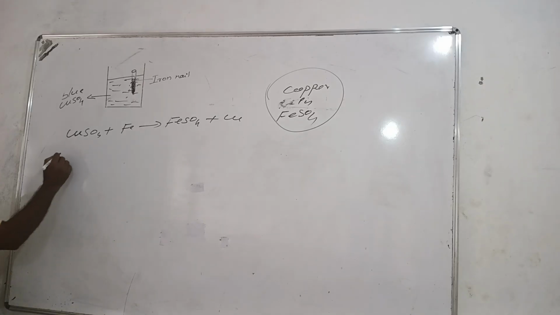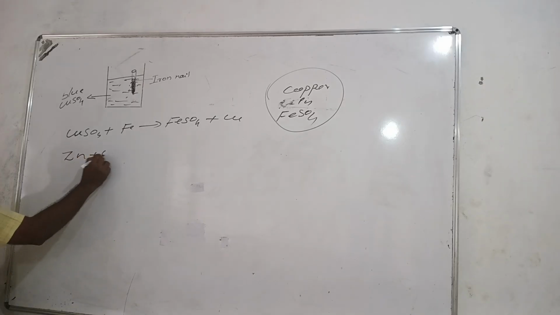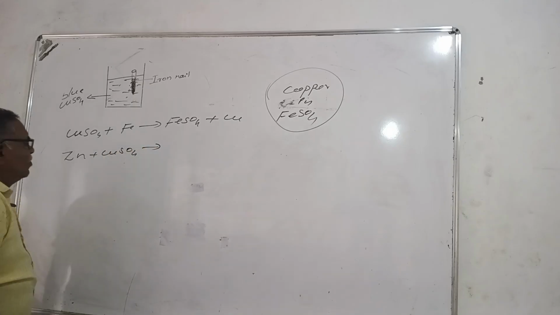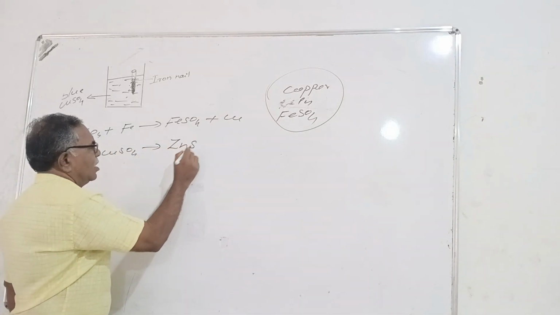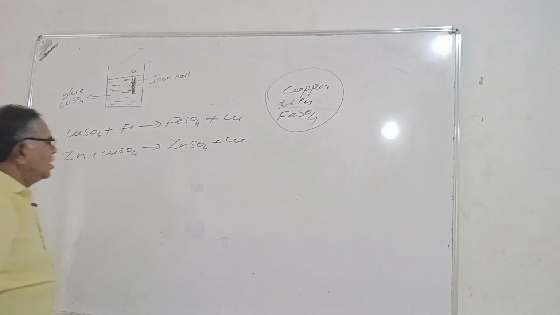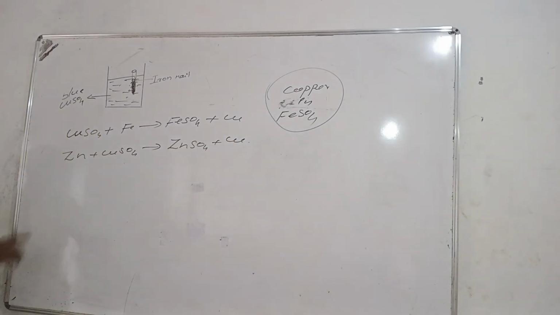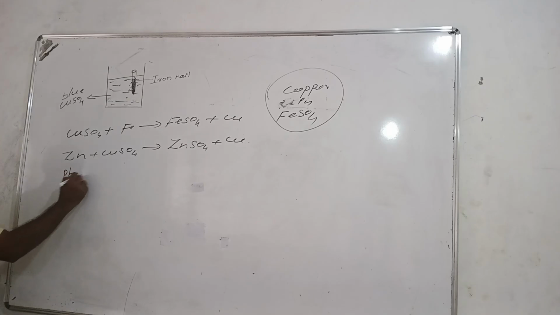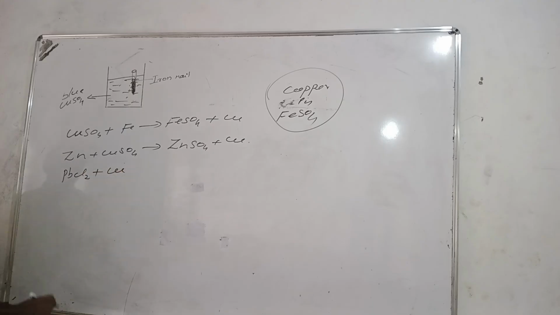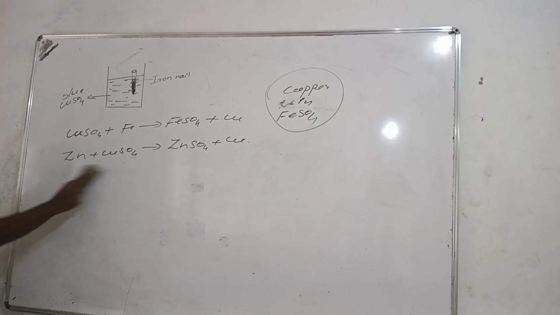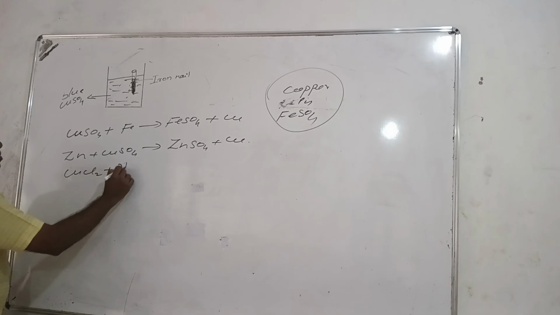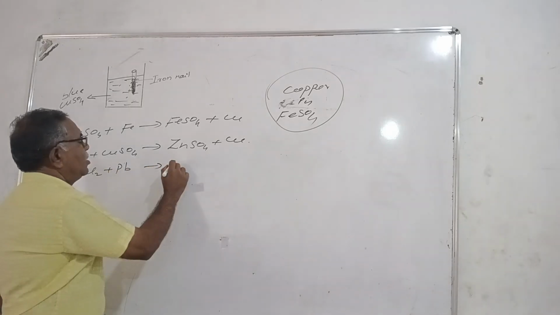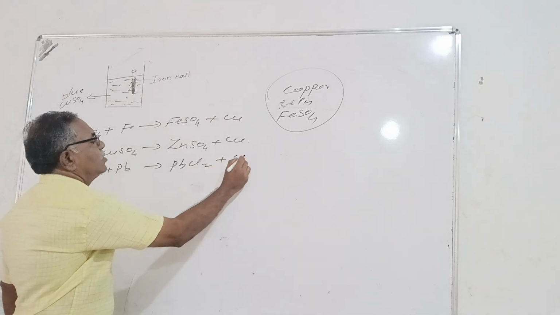For example, zinc, look. When zinc reacts with copper sulfate, we get zinc sulfate plus copper. Here also, zinc is more reactive than copper, so zinc can displace copper. Another example given in your textbook: lead and copper chloride, Pb plus CuCl2 gives PbCl2 plus copper.